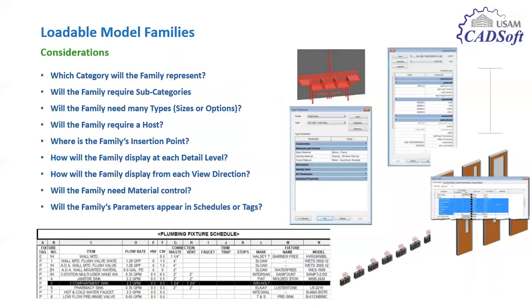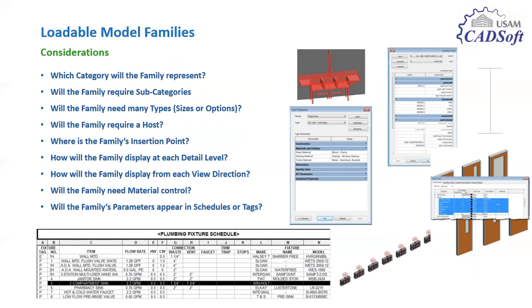So when you're creating loadable model families, what you should consider is which category the family will represent. The first thing is the category, then what should be the subcategory of it. How many types you need, that's basically the sizes or the options. Do you need a host?